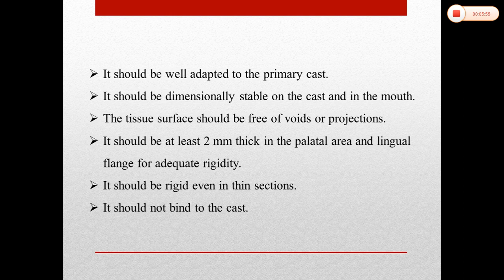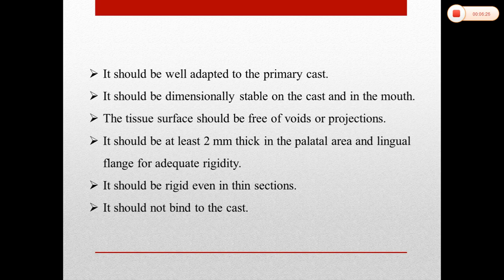So what are the ideal requirements for this special tray? It should adapt to the primary cast. It should be dimensionally stable. The tissue surface of the special tray should be free of voids or projections. It should be at least 2 millimeters thick in the palatal area and at the lingual margins of the tray, and in any of the sections it should be thick enough to be rigid when you are working with it.